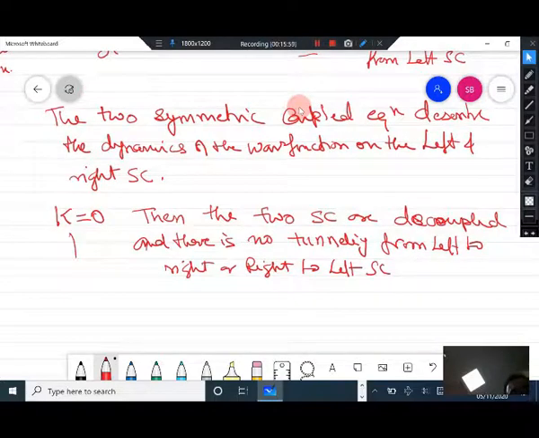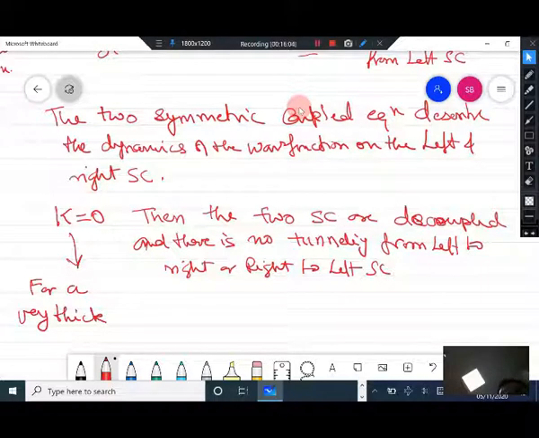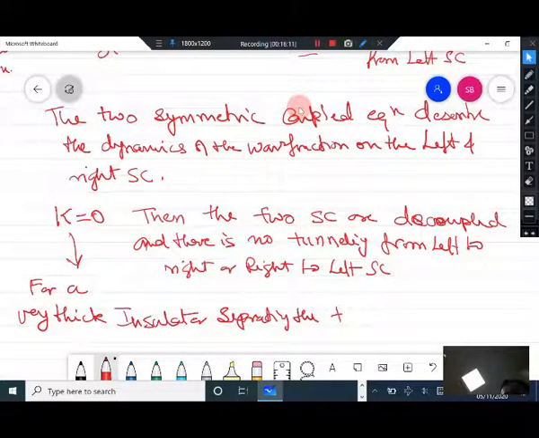K equal to 0 is for a very thick insulator separating the two superconductors. If you keep a very thick insulator between the two superconductors, then of course you will not have any coupling between them, and the two equations decouple.